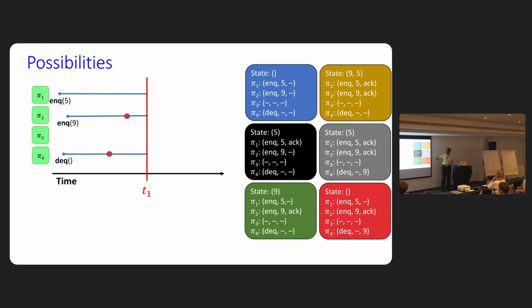Right? Here I showed a simple run that barely began. But imagine a run of these 4 processes where they have issued billions of operations and completed billions of operations. Even so, at the end, there would be, of course, some number of possibilities, but each possibility would still be capturing only the summary. And what is that summary?